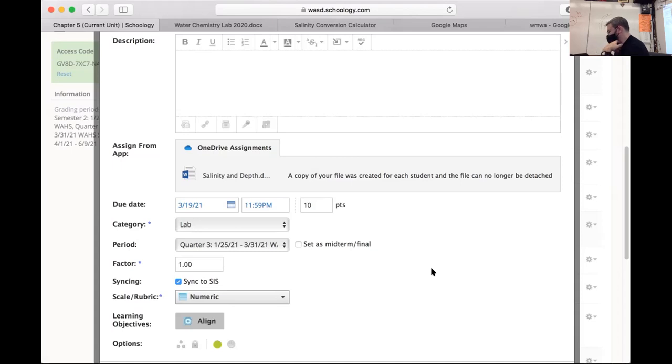Schoology, OneDrive assignments, section 2, salinity and depth. Yeah, Malik, it shows that you opened it. This is just what it shows on graph.